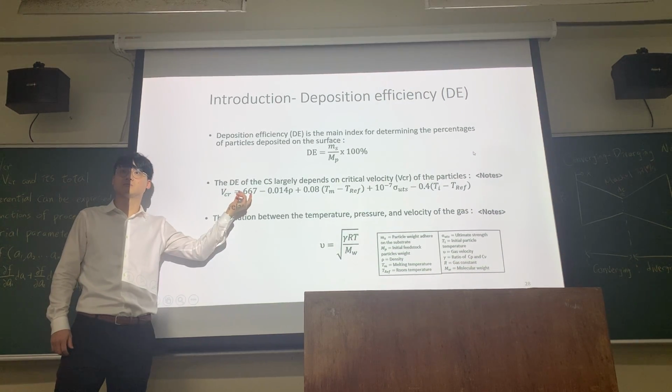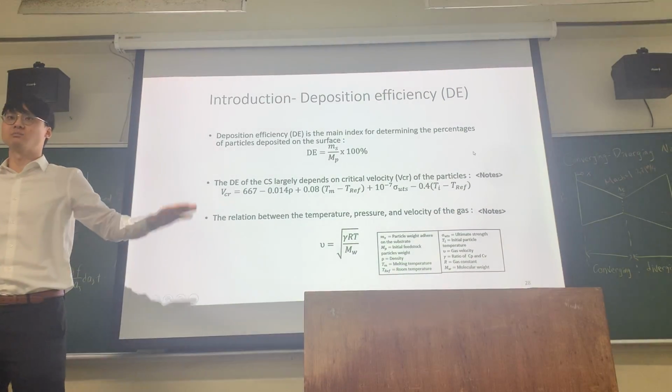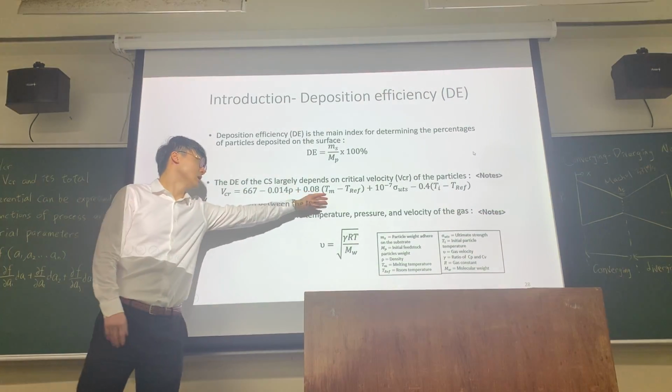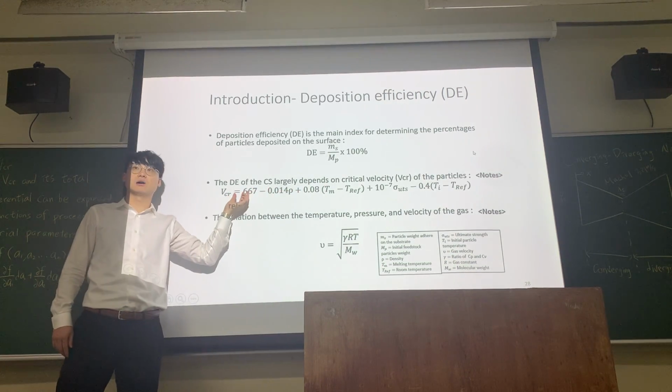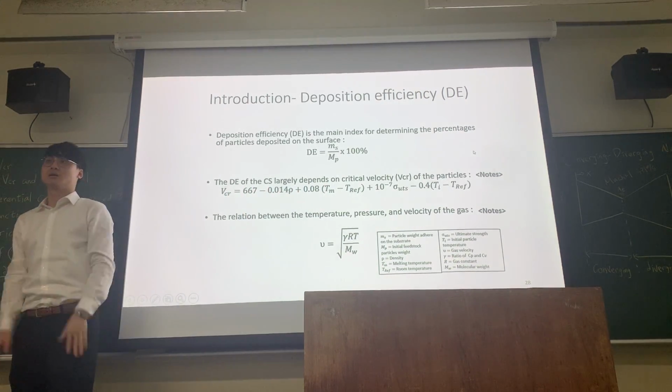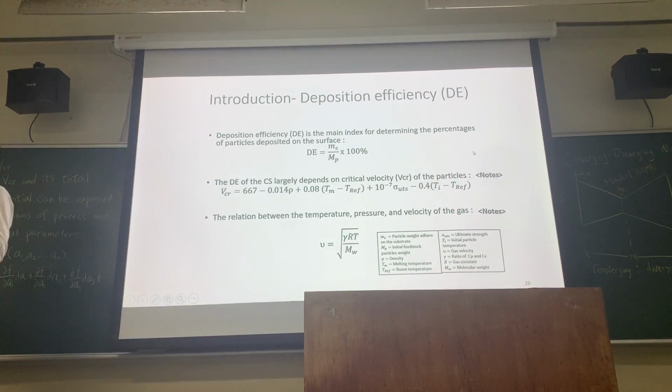Does that make sense? Now, for example, nickel has a very high melting temperature, right? So the plus term increases dramatically. This, in a very smart way, gives you an idea, right?